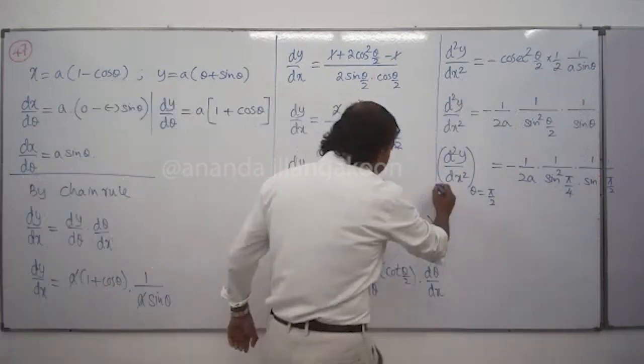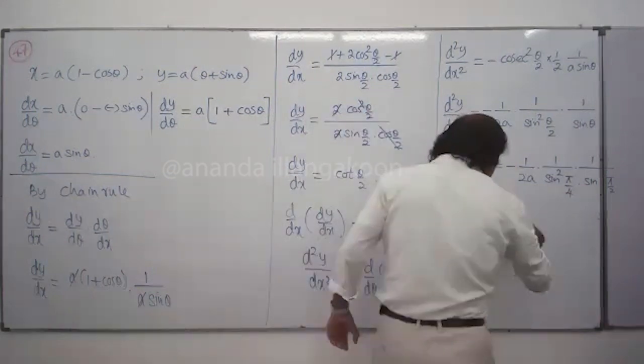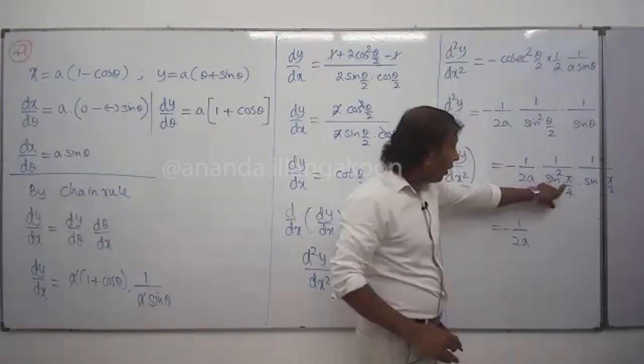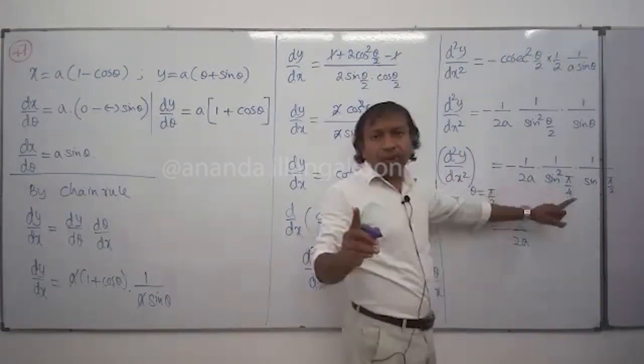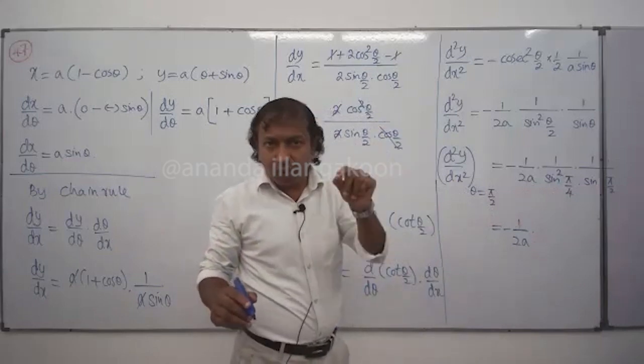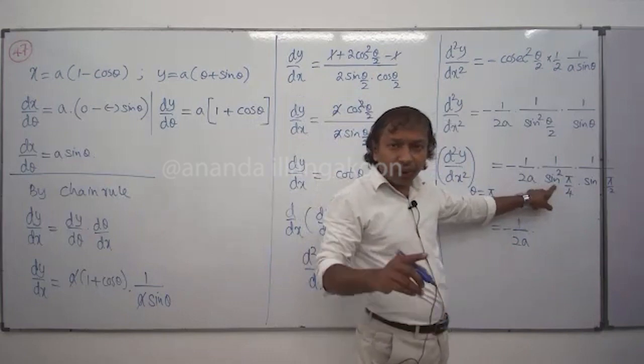Now simplify this furthermore. Right, on the right hand side, minus 1 over 2a. Sine pi by 4 means 1 over root 2. Sine 45, 1 over root 2, no? It's perfect squared only here we have. 1 over root 2 perfect squared means 1/2.